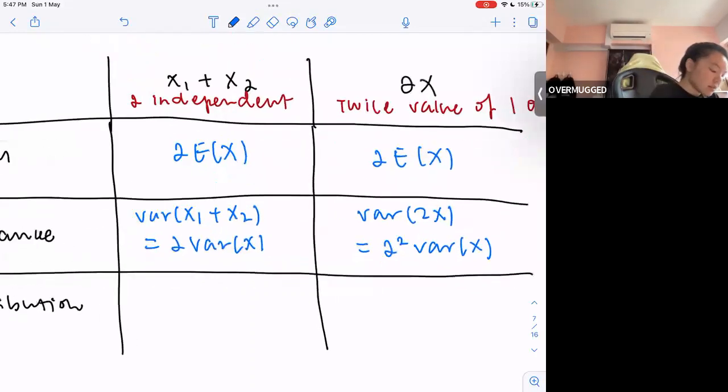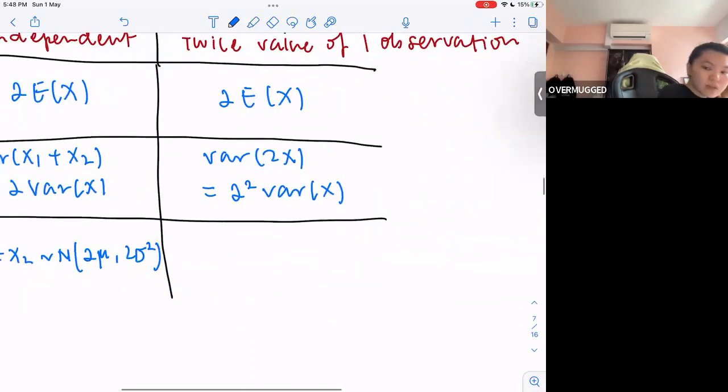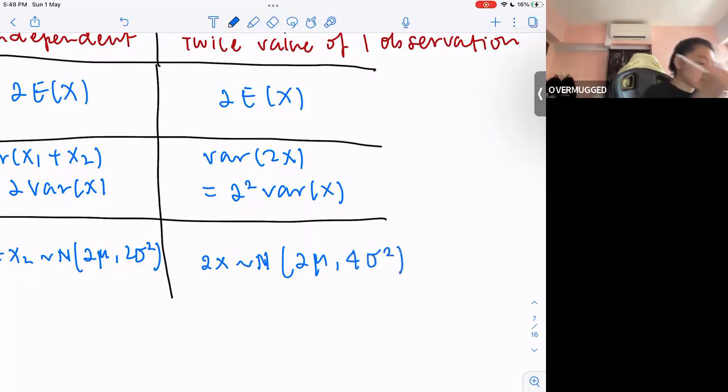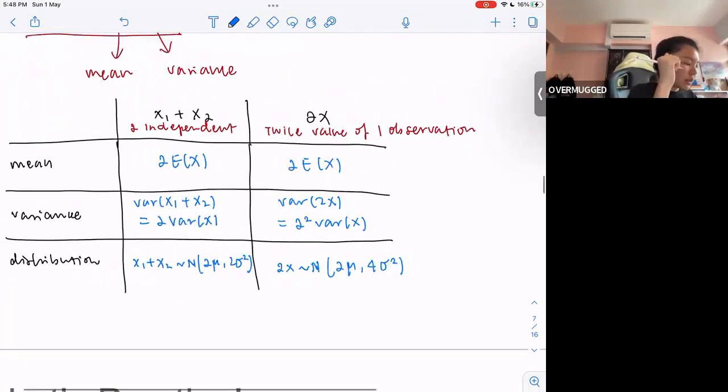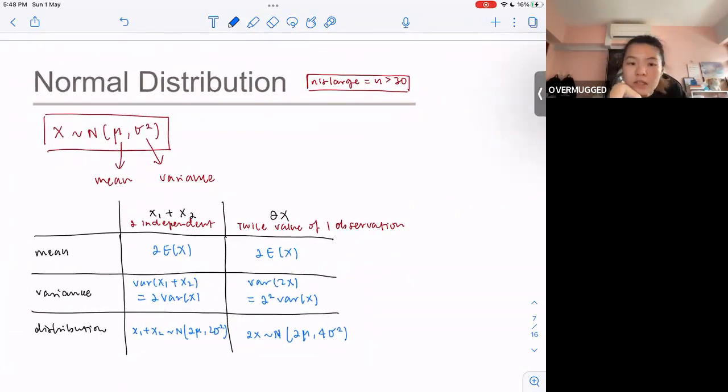The distribution ends up being X1 plus X2 follows a normal distribution of 2 mu and 2 sigma squared, versus 2X follows a normal distribution of again 2 mu, but this time 4 sigma squared because of your 2 squared. So this is in general what we want to emphasize over here.